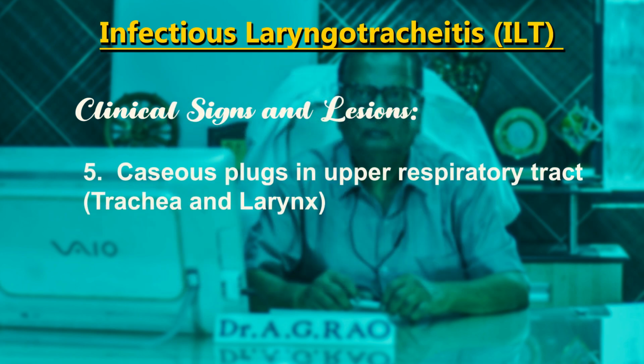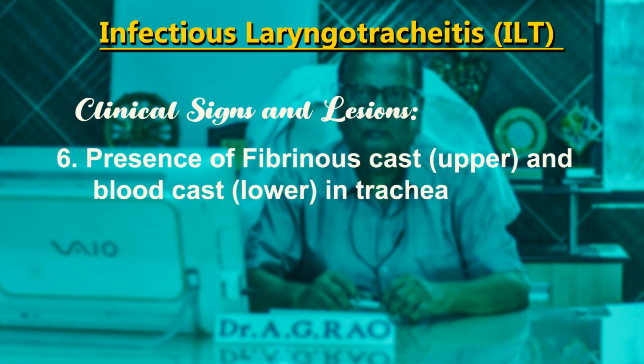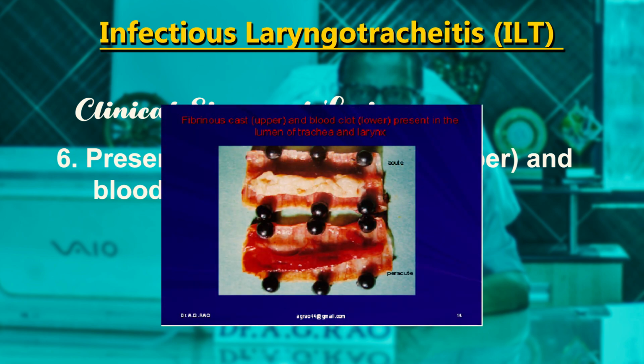Caseous plaques are also seen in the upper respiratory tract, particularly trachea and larynx. And there will be presence of fibrinous cast and blood film in the trachea.